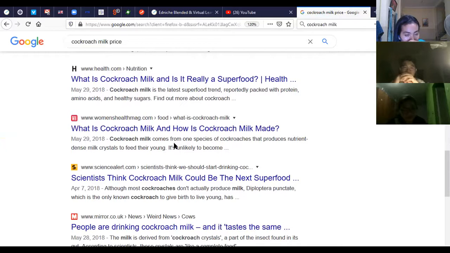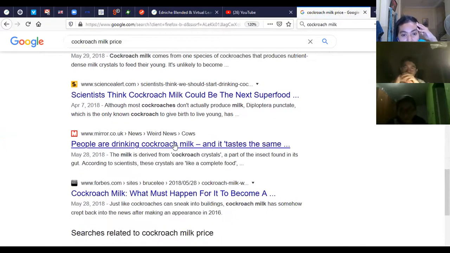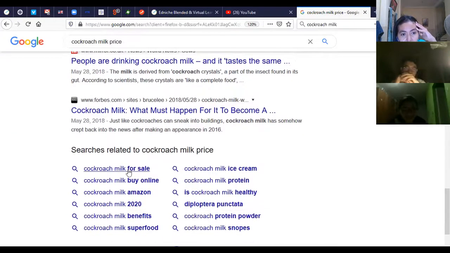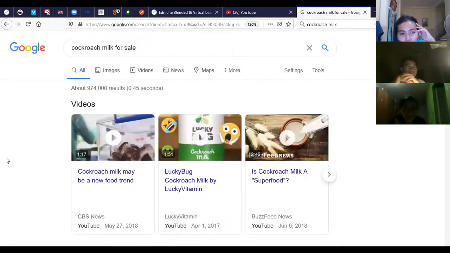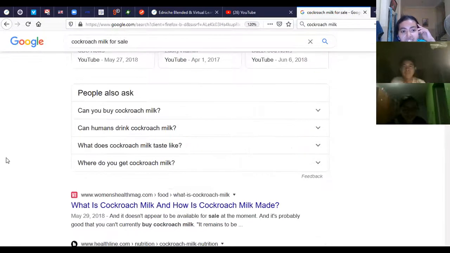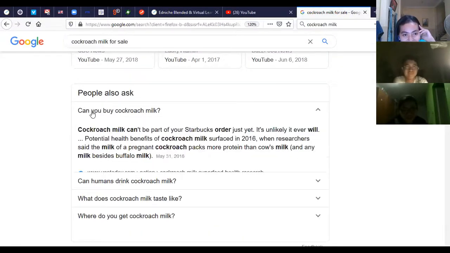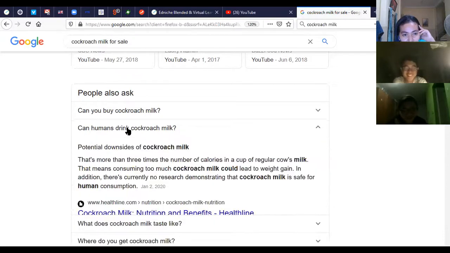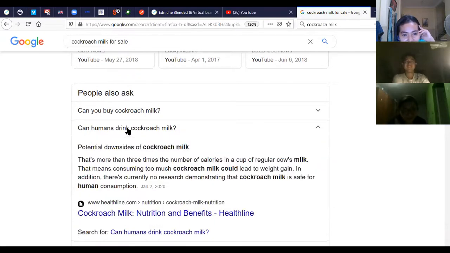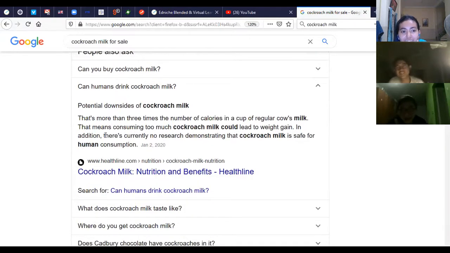If you were able to taste the milk, would you do it? Would you taste cockroach milk? Yes, I would. Oh yes. May, would you? I can give it a try. Because it's all about the protein, like, oh, I should have it because drinking cockroach milk you can gain weight. But I won't drink it.